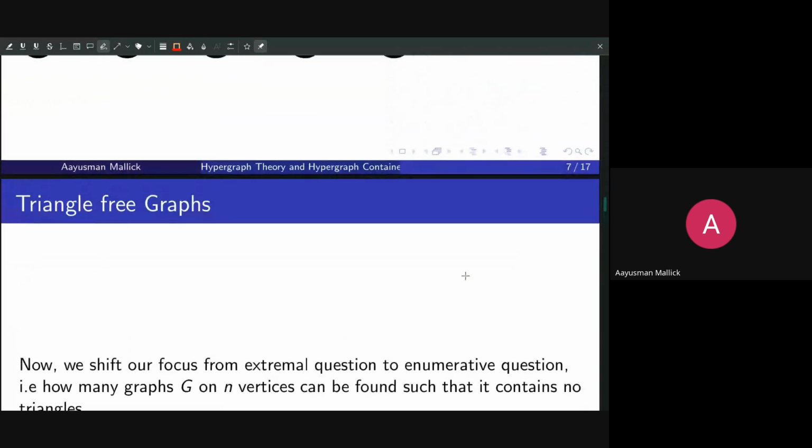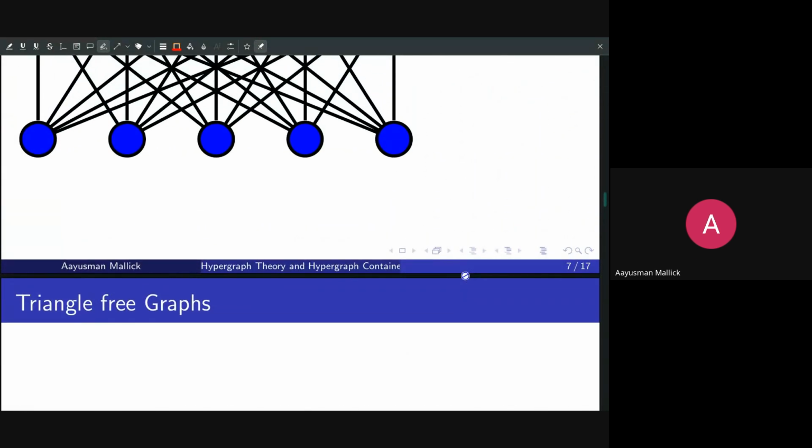Okay, up to this point we were trying to count the maximum number of edges in a triangle-free graph. But what about counting how many unique triangle-free graphs are possible, or, more formally speaking, how many triangle-free graphs can be formed with n vertices up to isomorphism?